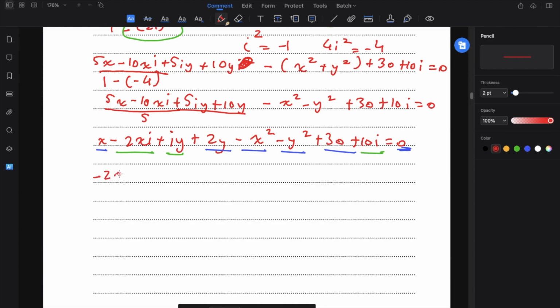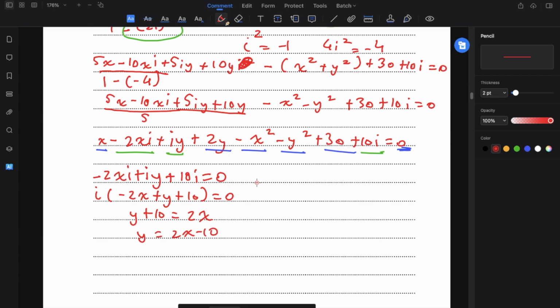So minus 2xi plus iy plus 10i is equal to 0. If we take i common, it's i times minus 2x plus y plus 10 is equal to 0. So y plus 10 is equal to 2x, y is equal to 2x minus 10.